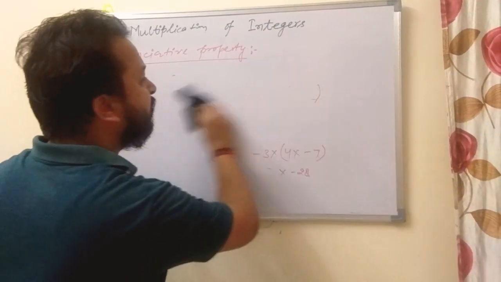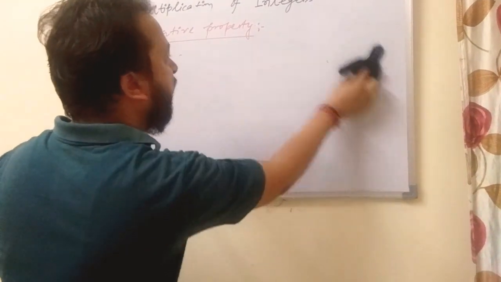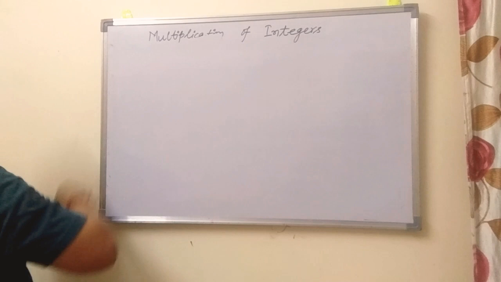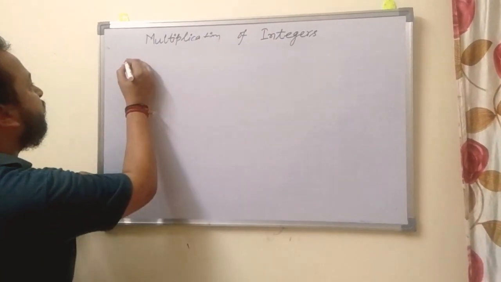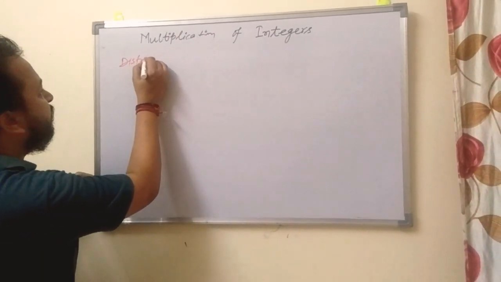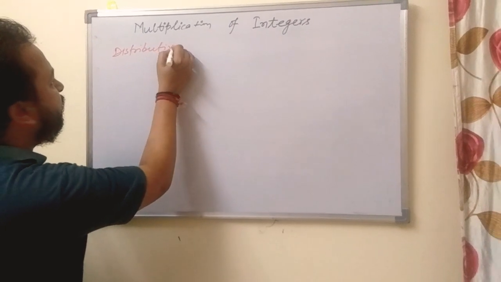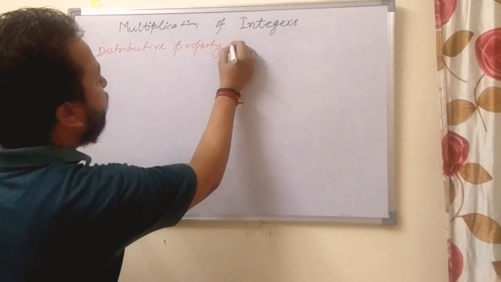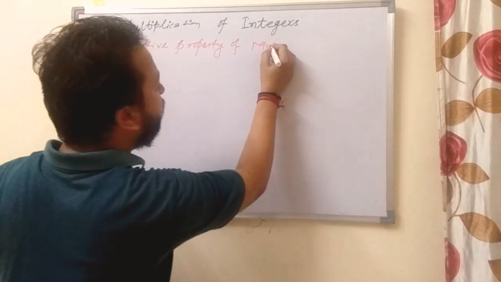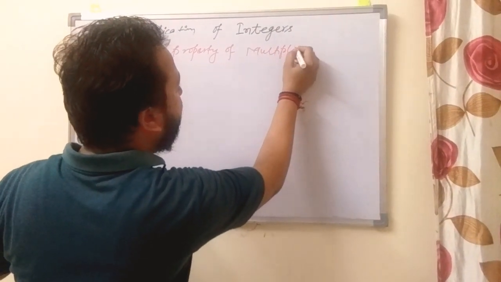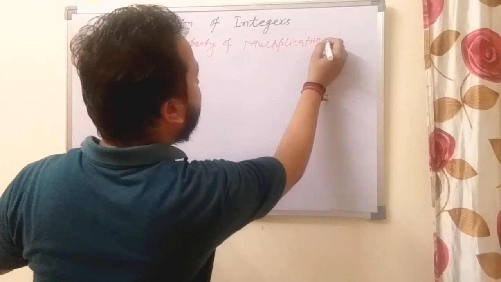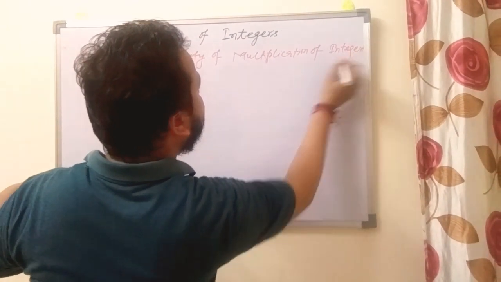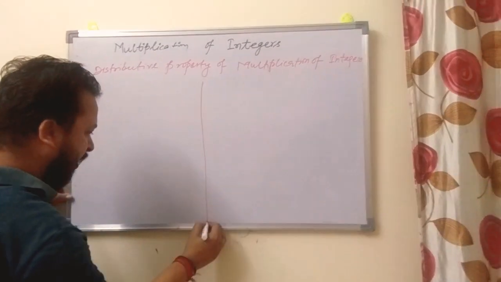Now come to the next property, that is distributive property of multiplication of integers. There are two parts.